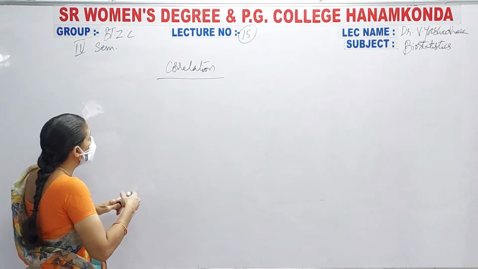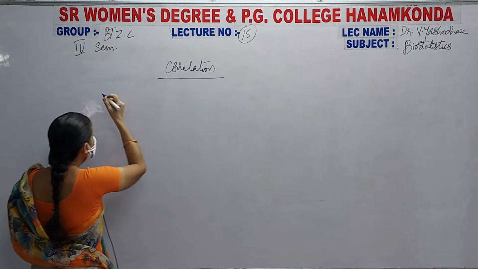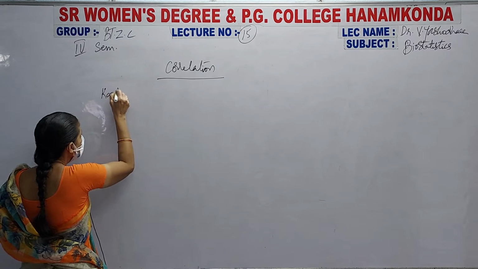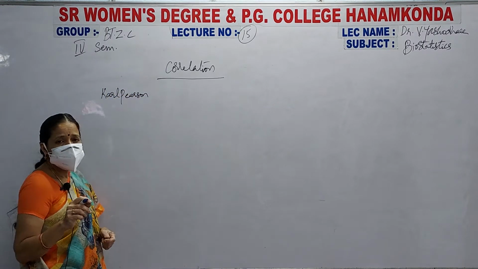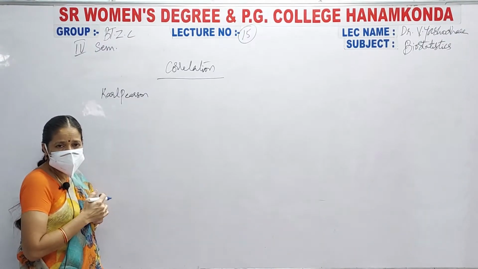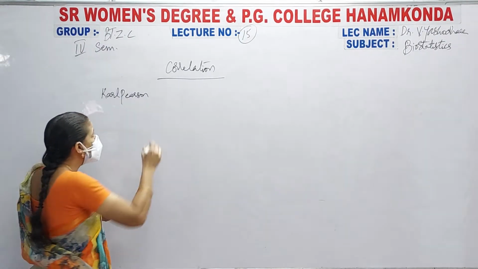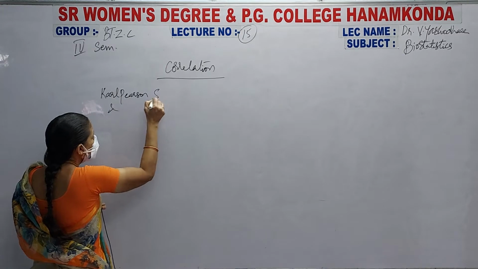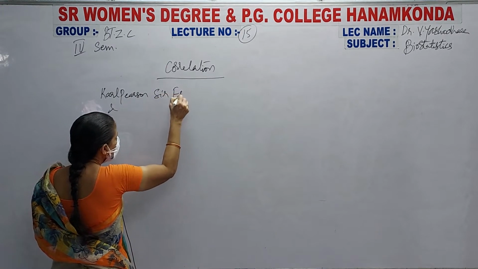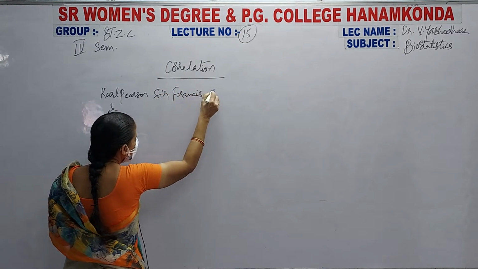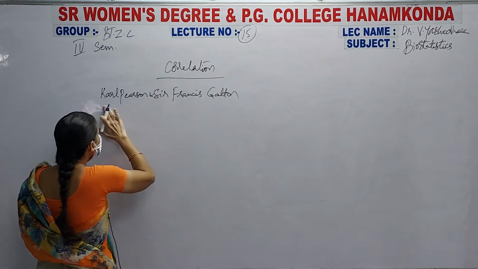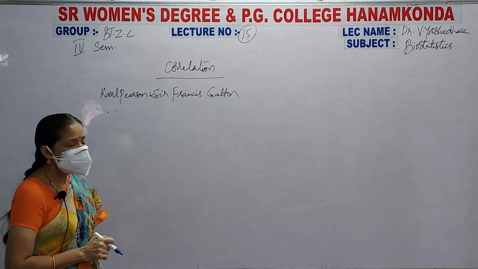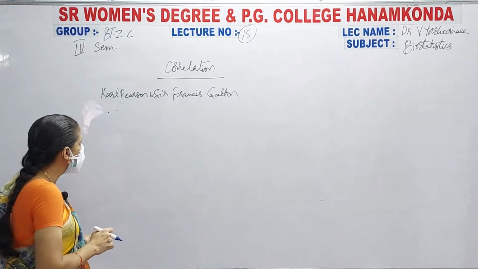Now, this correlation was demonstrated by Karl Pearson and Sir Francis Galton. You are very much acquainted with these two scientists.